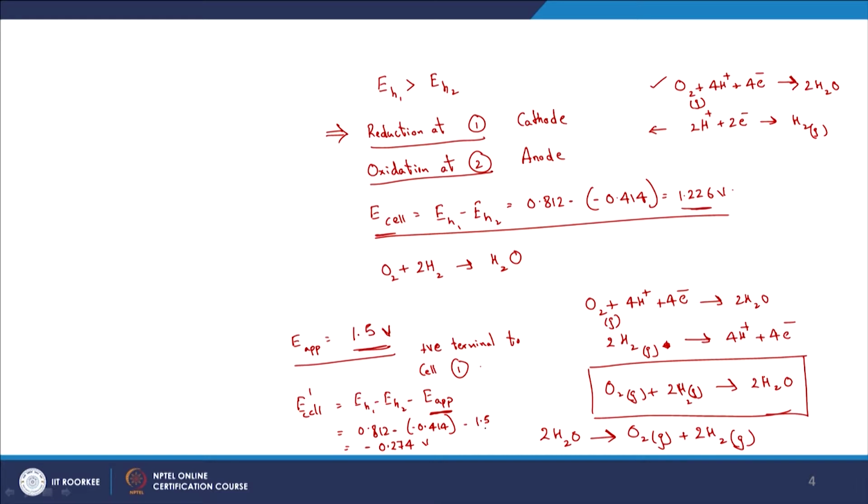After applying this external voltage, the water is unstable, and it would dissociate into the relevant compounds. And now at cell 1 you are going to have oxidation, meaning anode. Electrode 1 would be the anode, and electrode 2 will now be the cathode. Again, just a minor reworking based on the relevant applied potential.